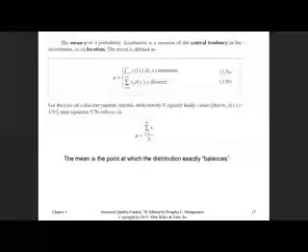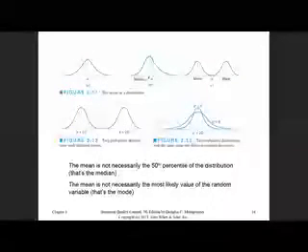Here we are going to quickly go back to the mean, and the mean is the point at which the distribution exactly balances. There are three different variables that represent the central tendency: mean, mode, and median. You have to know and distinguish the difference between them because it is very important to know the difference between mu, which is the mean, and the median and the mode.